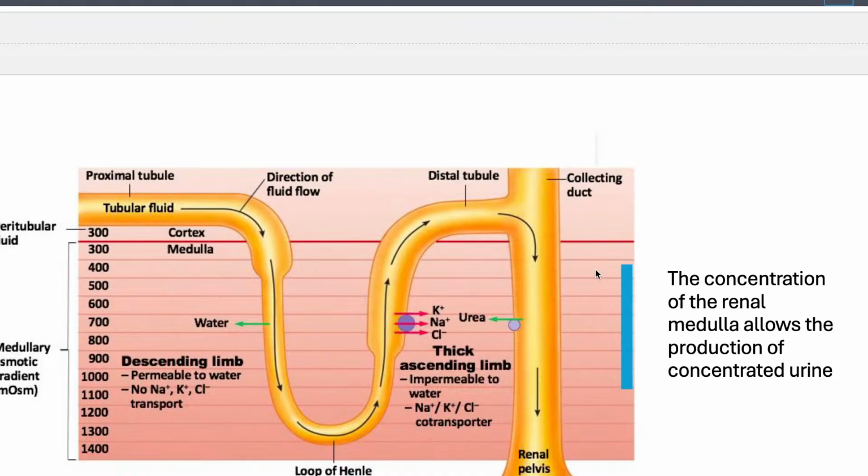So remember, because the thick ascending limb is taking out so many ions, the osmotic gradient is going to be so high in the medulla, and it's going to concentrate our pee. So yes.